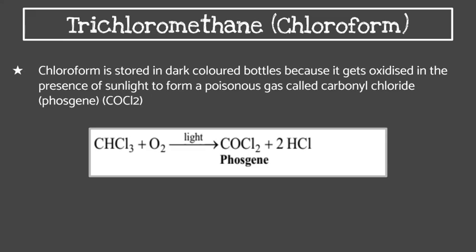Its chemical formula is COCl2. So chloroform reacts with oxygen in light and forms phosgene plus HCl, that is hydrochloric acid. That's the reason it is stored in dark colored bottles instead of light colored ones.